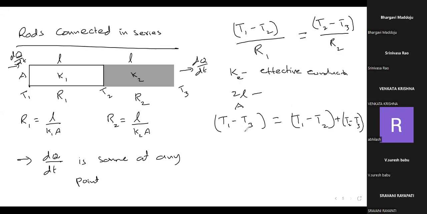Basically, dq by dt is the rate of heat flow. For the effective rod, dq by dt equals K into A into T1 minus T3, divided by the total length 2L.